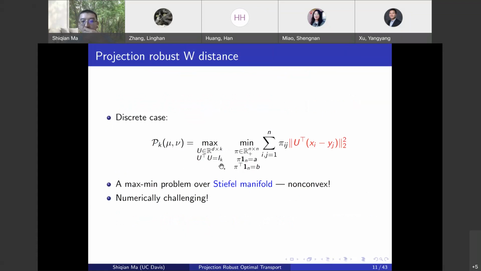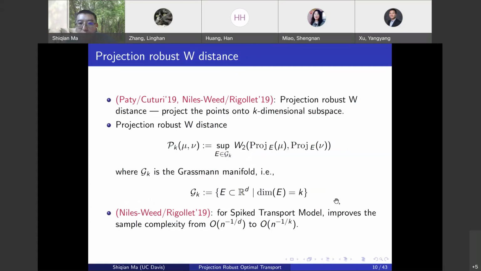Yes, the variable here is smaller, so the optimization problem is easier. Sorry, what's your question? Then your bound in your previous slides has the power negative 1 over k, and this bound becomes better. That's right, so you solve an easier problem and you can get a better bound.